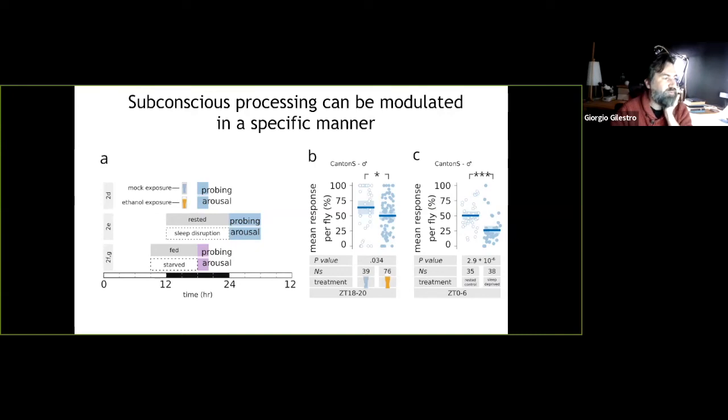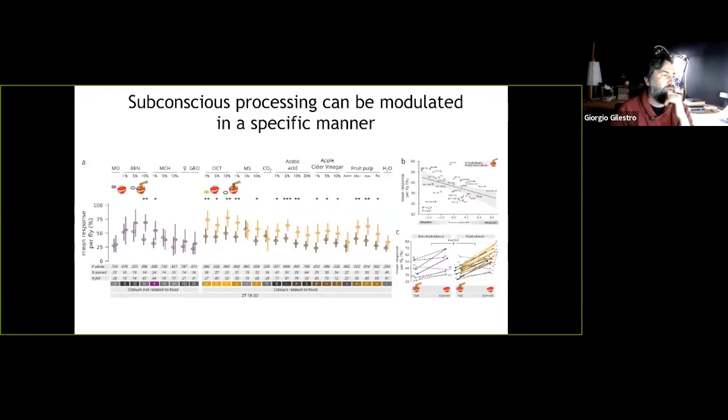So what we did here is we starved animals for several hours, and then we probed arousal during the night using odors which either had or had not a food valence. And so here you see odors which are not related to food, or odorants which are related to food.